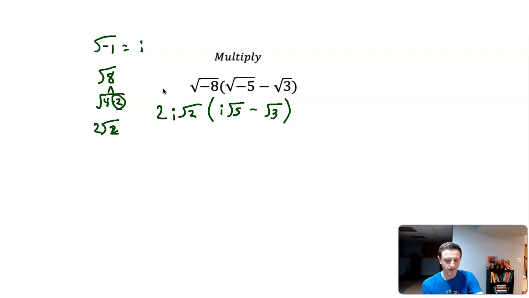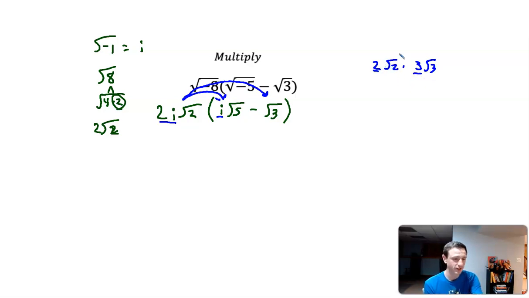So here we go. I have 2i root 2 times i root 5. I have 2i root 2 times -root 3. So let's do this piece by piece. So I'm going to do 2i times i. Whenever we're multiplying radicals, like if I had 2 times the square root of 2 times 3 times the square root of 3, something like that, I'm going to do the constants, or coefficients, if you want to think of it like that.